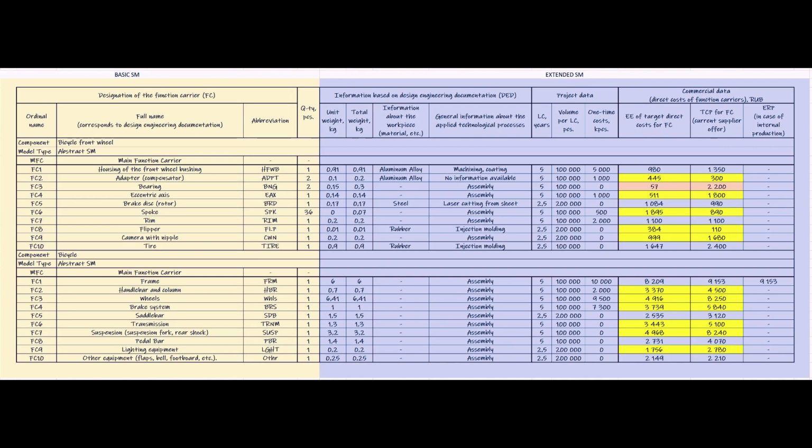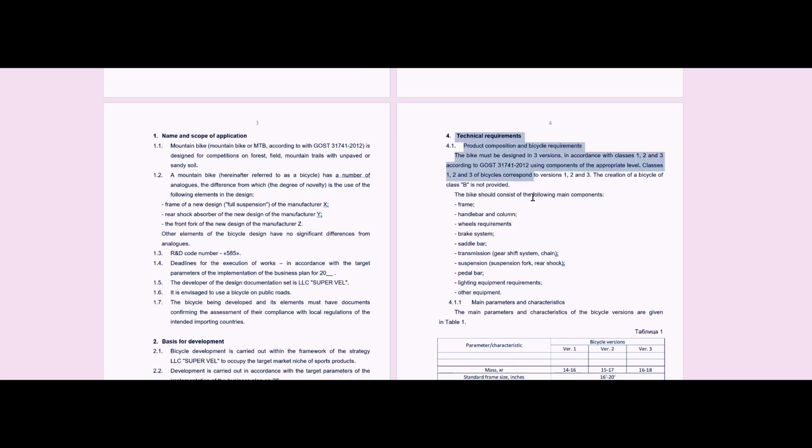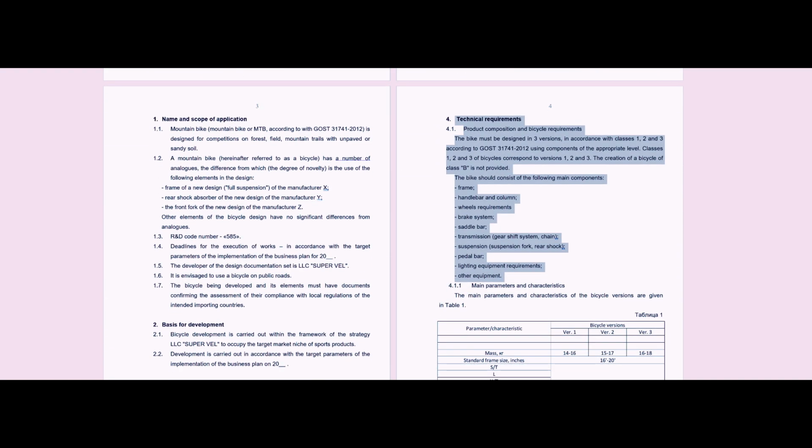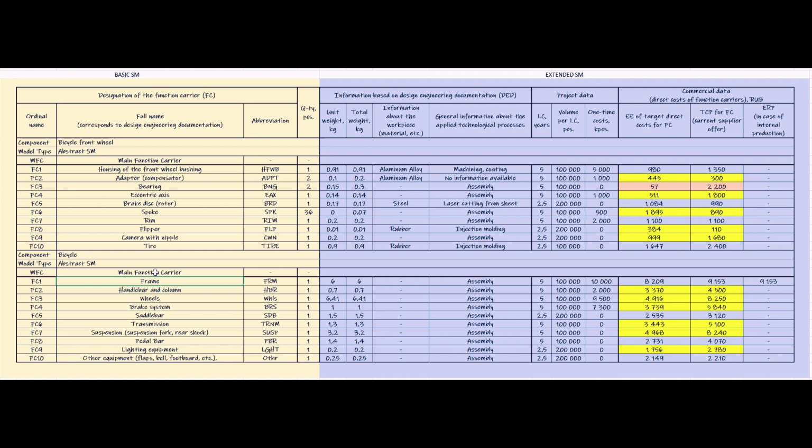The simplest example of a complex formulation is the following practical case. We are developing a technical specification for a bicycle, which can be decomposed at the upper level of abstraction into 10 carriers of function. For each of the 10 carriers of function, we have dimensional drawings or 3D models with all the necessary data. A commercial offer was received for each of the function carriers with a price corresponding to the decomposition level.